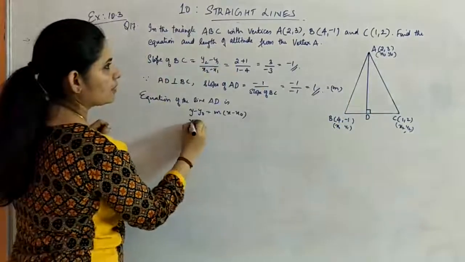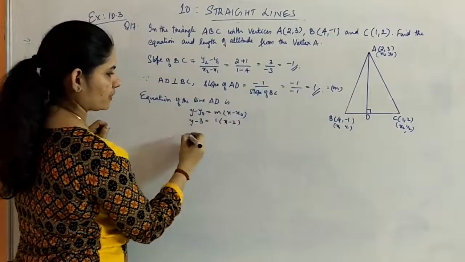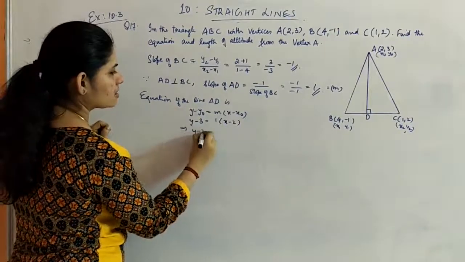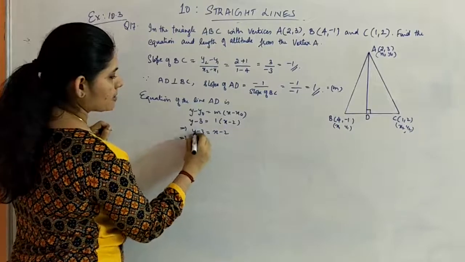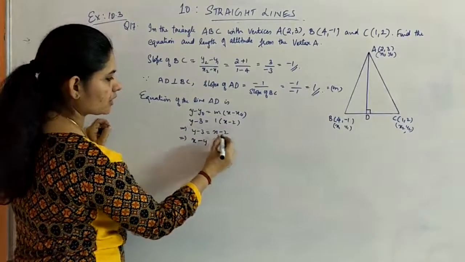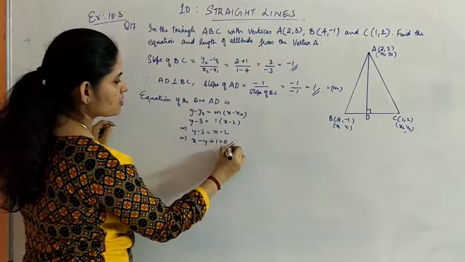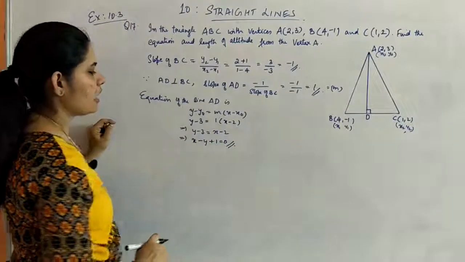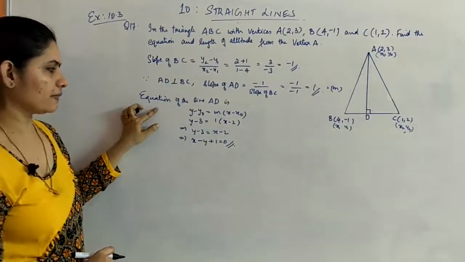So you'll have y minus y naught, which is 3, is equal to m, which is 1, into x minus 2. That is y minus 3 is equal to x minus 2, or x minus y will go there, so this will also go there. So it will be minus 2 plus 3, which is plus 1, equal to 0. So x minus y plus 1 equal to 0 is the equation of AD.